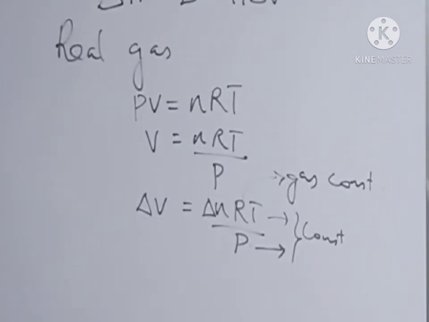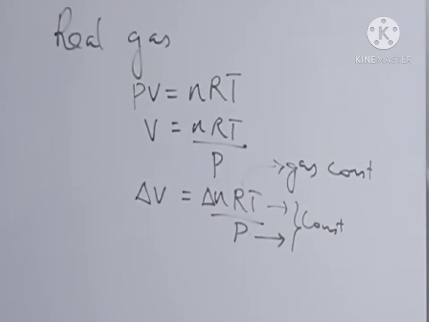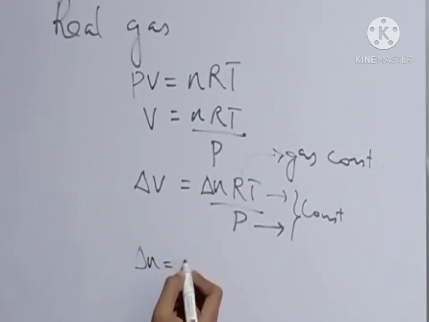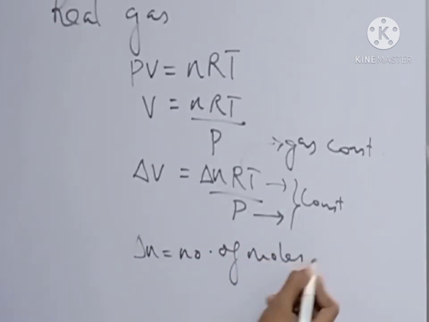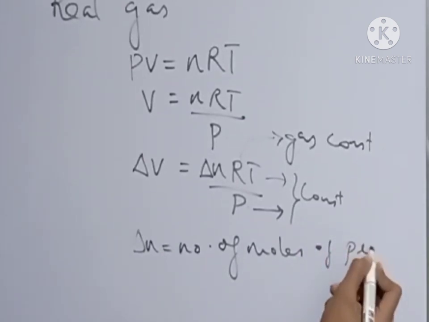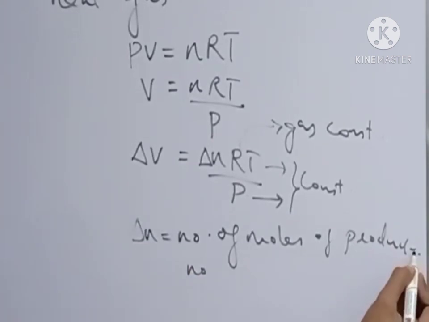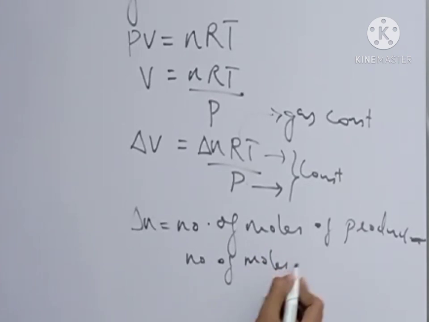So delta n is the only changing term, and delta n is the number of moles of product minus the number of moles of reactant.